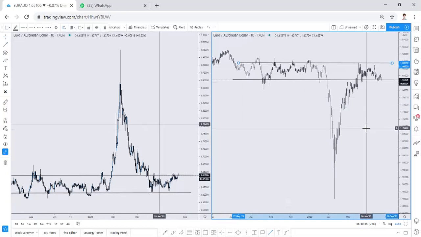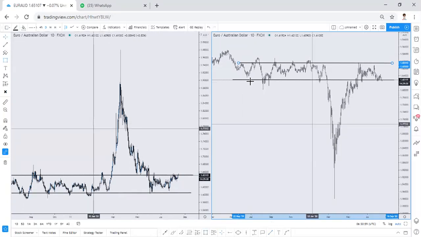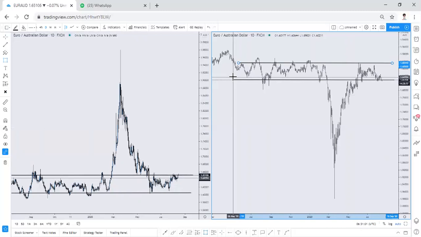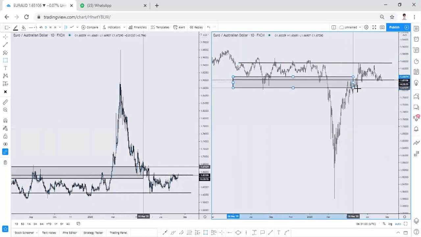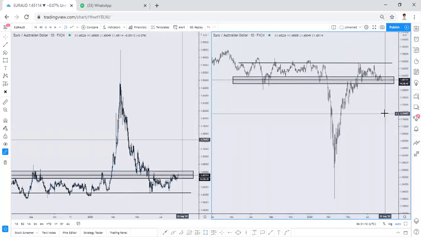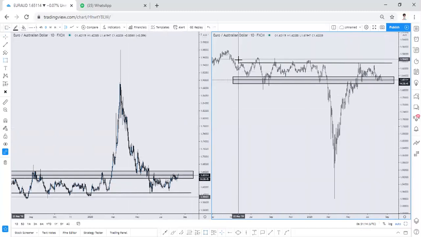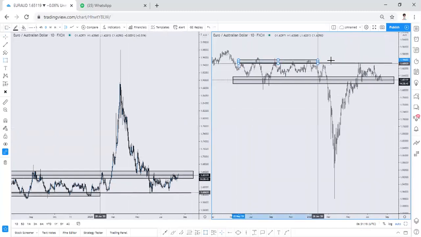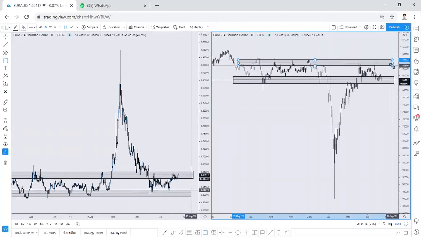Now, knowing that these are the two areas of structure, I will add my rectangle. Then add the second rectangle on here, knowing that that is my area of support and resistance.